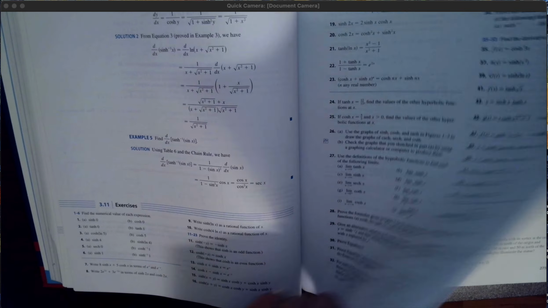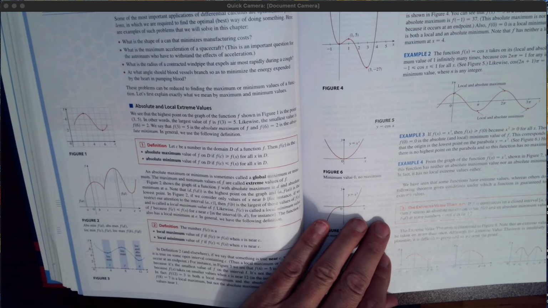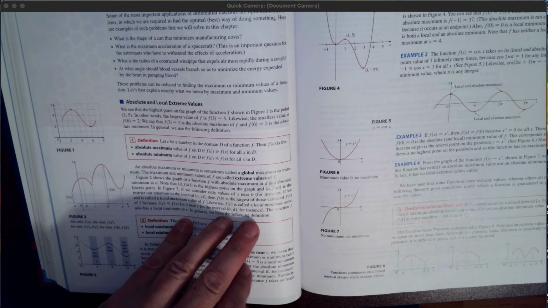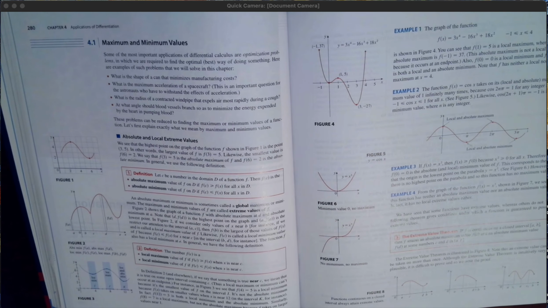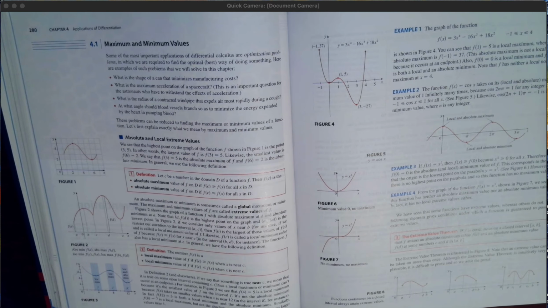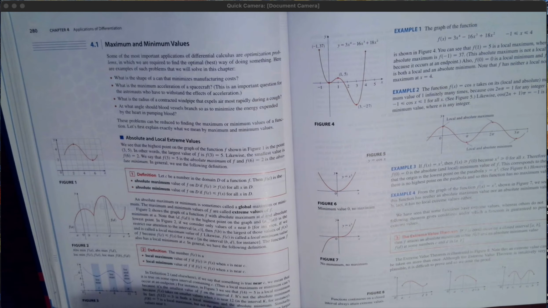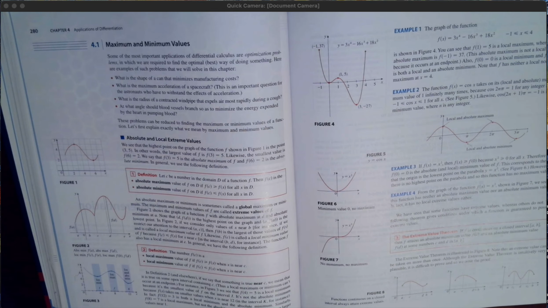Next, we jump to chapter 4, which is maximum and minimum values. That's page 280. You should know what absolute max and mins are. Local max and mins, that's page 280, as I said.